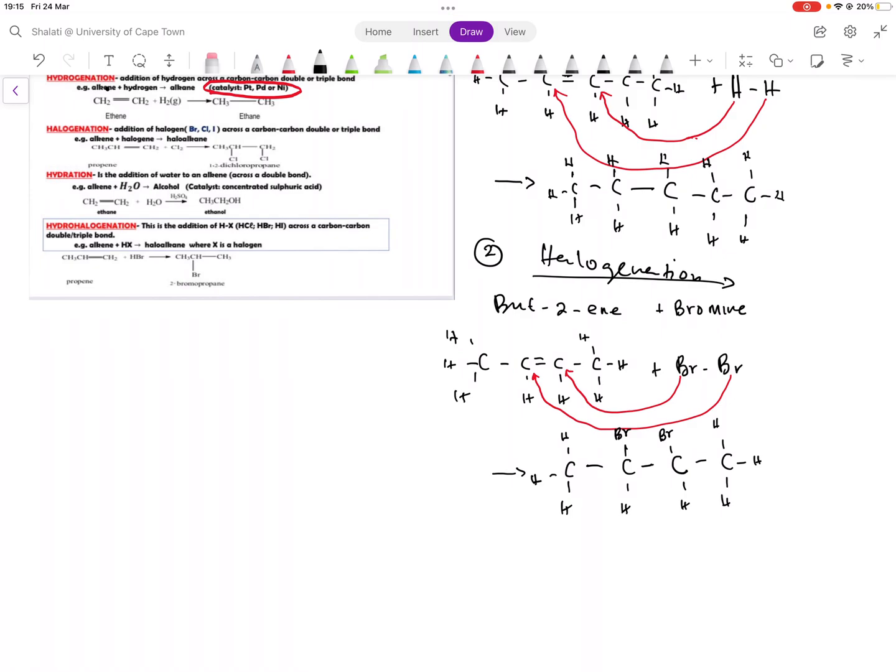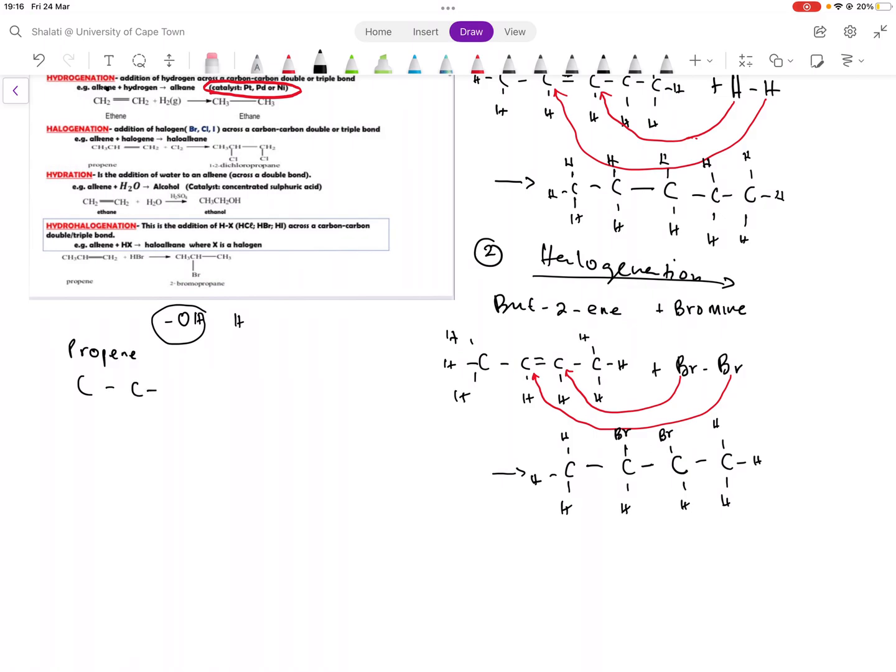So now our product is going to be an alcohol. Don't forget alcohol is an OH, okay, which means in one of them we're going to put an OH and in the other one we're going to put a hydrogen. So let's see the first example using propene.